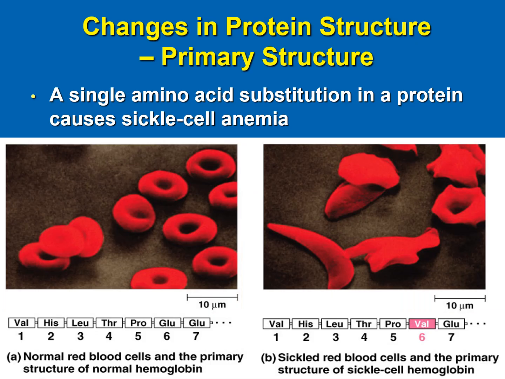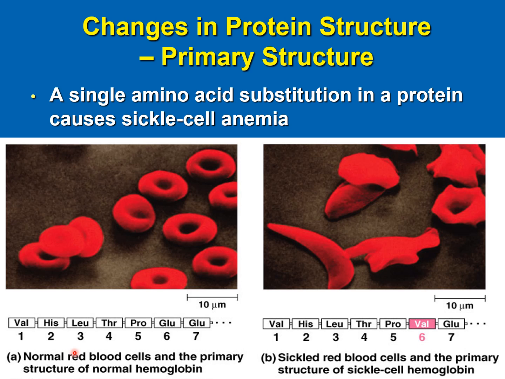Okay, if we have a change in our protein structure, that can really affect the shape of the protein, and if we change the shape of the protein, that can affect the function of the protein. Here's a genetic disorder where we've got a mutation in the gene that codes for a protein called hemoglobin. Hemoglobin is the protein inside of our red blood cells that carries oxygen.